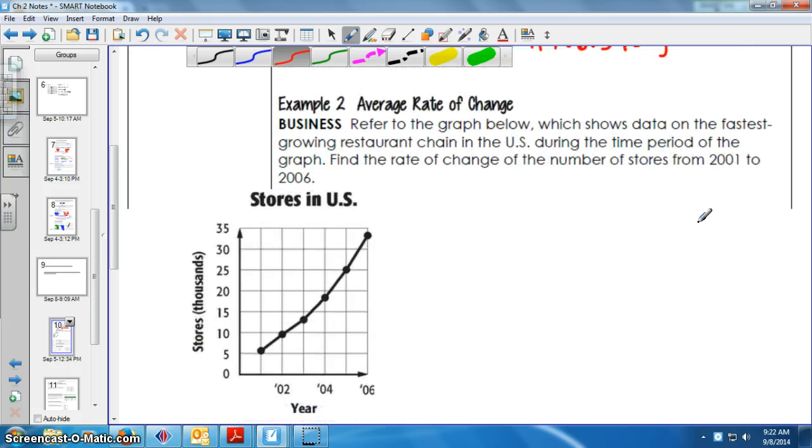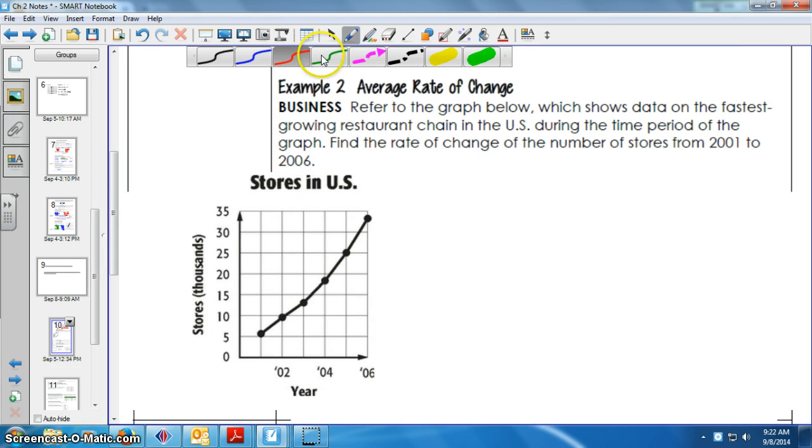Next example, even though you don't have the table in your notes, we can still refer to the table here. It's a business example referring to the graph. It shows the data on the fastest growing restaurant chain in the U.S. during the time period listed here below, 2001 to 2006. We have the number of stores increasing, so from here to here, it looks like about an increase of 30, from maybe 6 to 34.